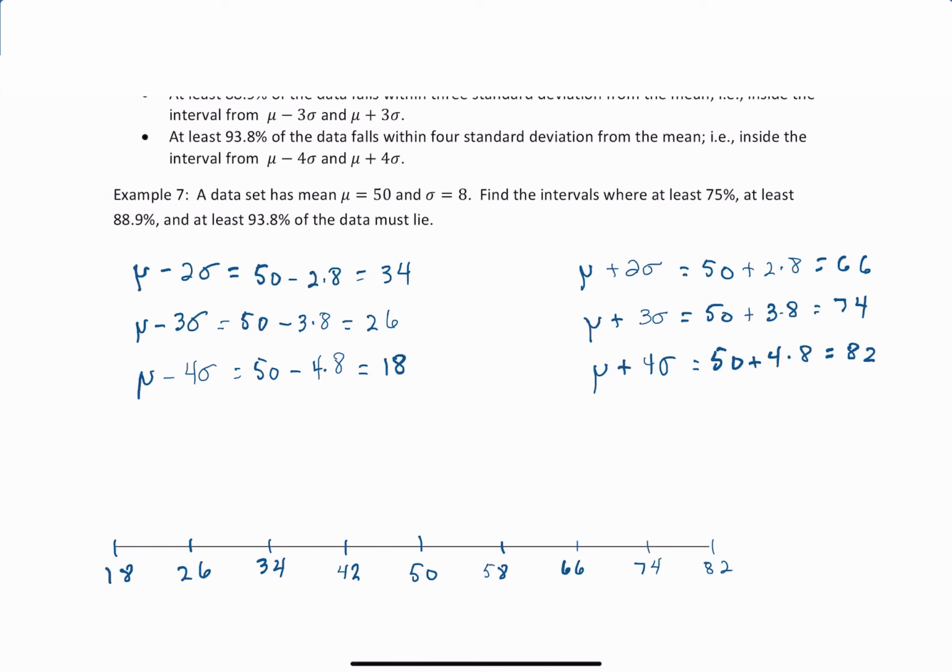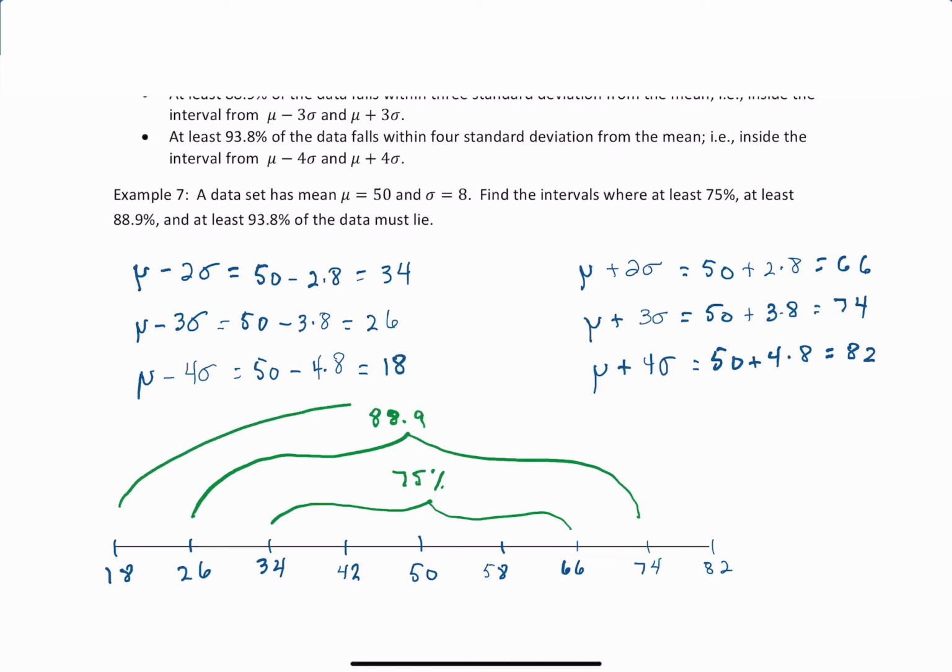So Chebyshev's theorem says that 75% of the data will be living in that interval between those two numbers. 88.9% of the data lives between 26 and 74, and 93.8% of the data falls between 18 and 82.